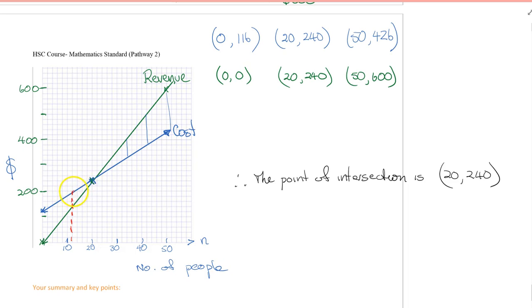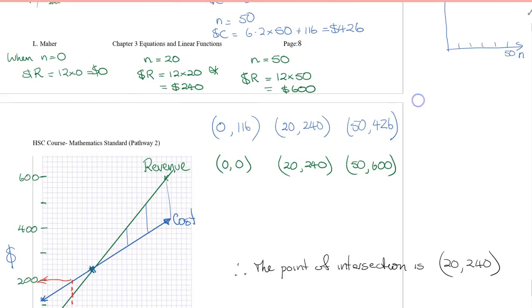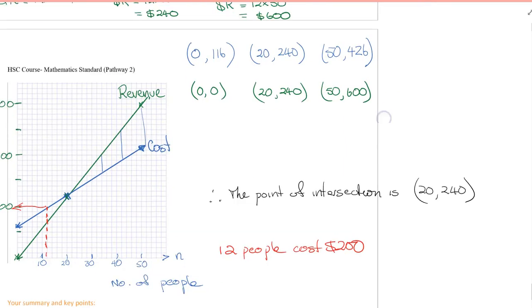And it looks like the cost is approximately $200. Oh, sorry, that was 12 people. My mistake. 12 people, the cost is 200.